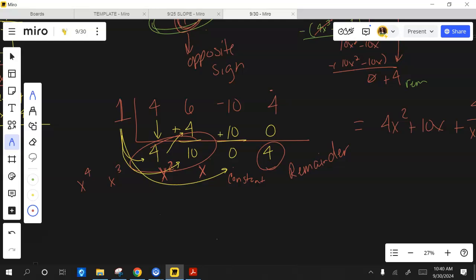So you always start, all right, listen up, because this might be questions you have. Start from the very, very, very far right column, right? And then that gets labeled as remainder, always. And then you move to the left. Remainder, constant, x squared, and then it counts up.